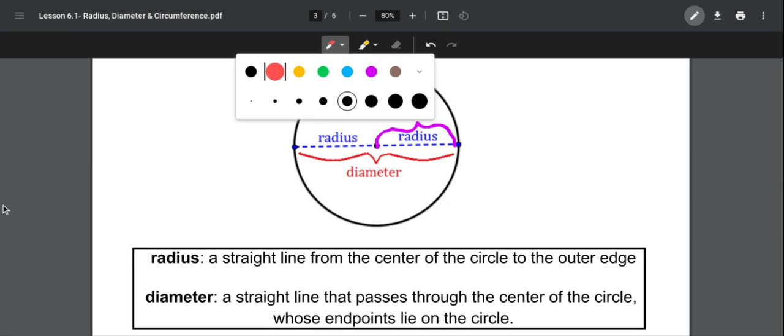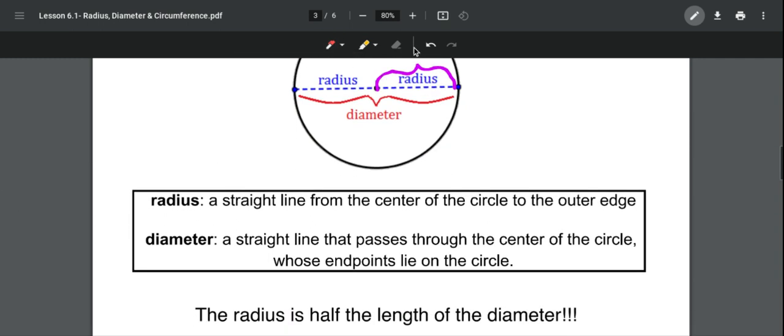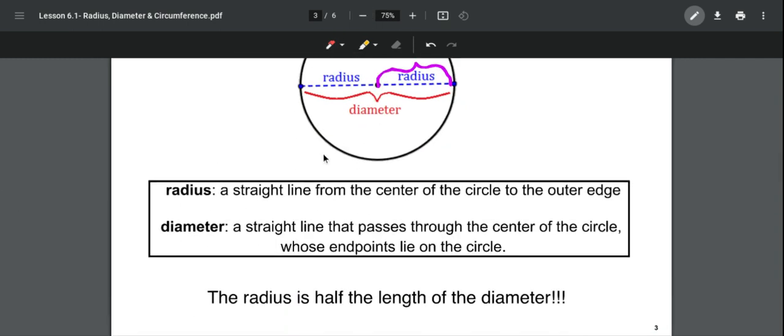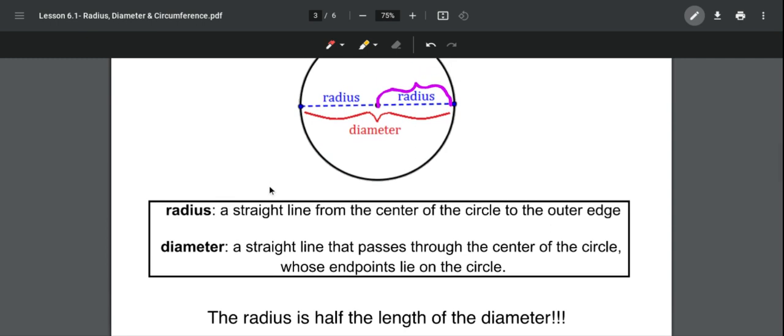We can now conclude that the radius is half the length of the diameter. So 2 radii make up a full diameter.